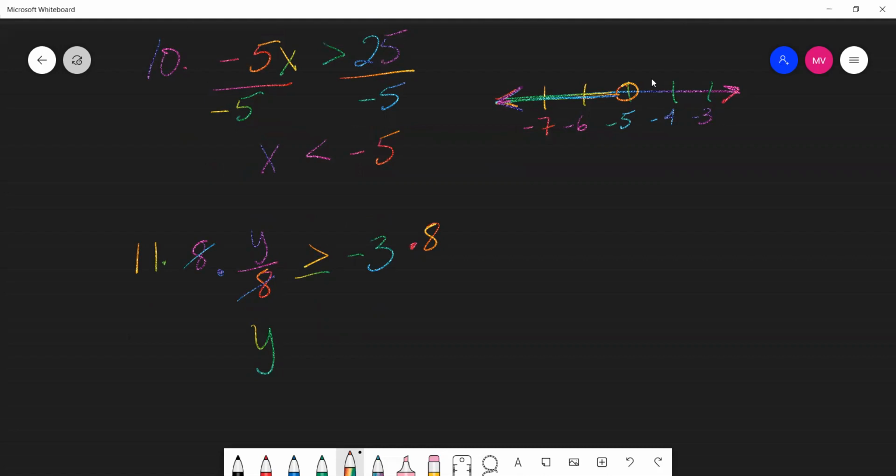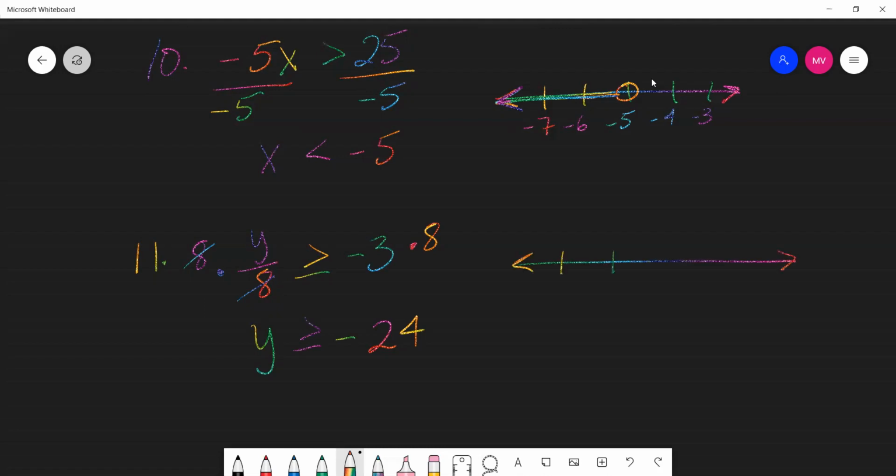The -3 is negative, but that's not what we're dividing by, so we don't worry about it. Yes. Okay, you're right. -3 times 8. 24. Negative. There we go. -24. A lot of negatives in these examples.